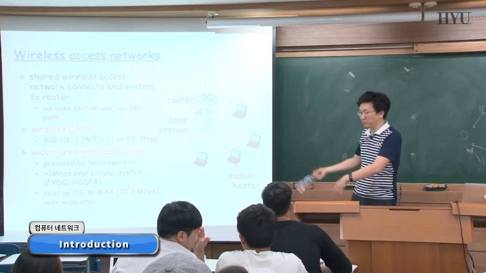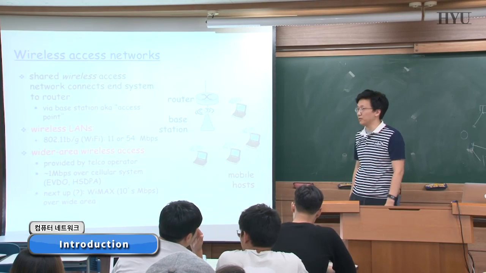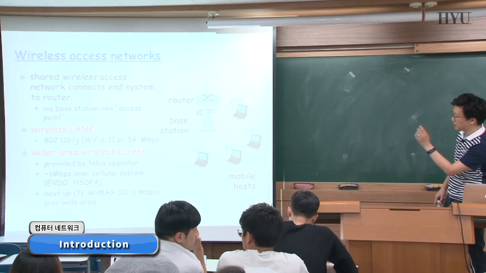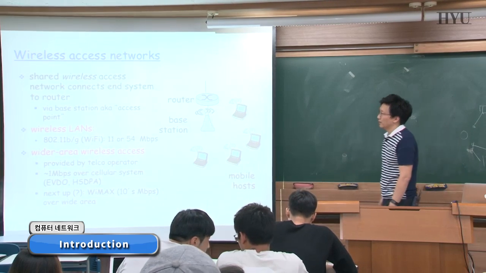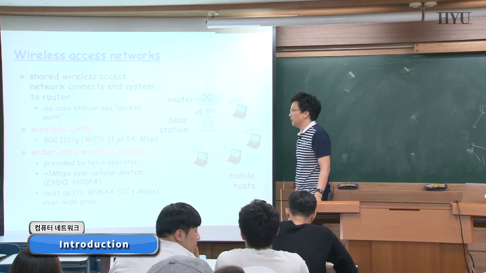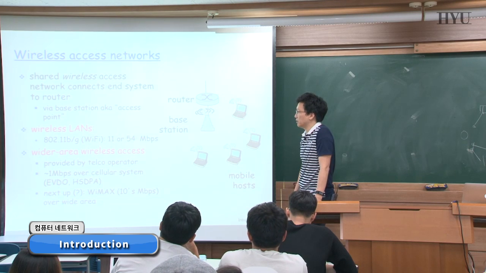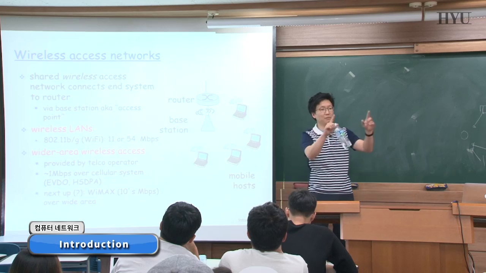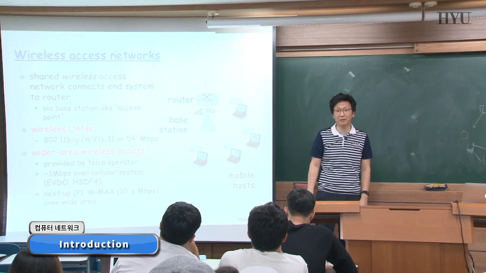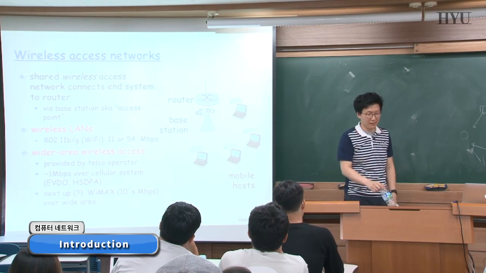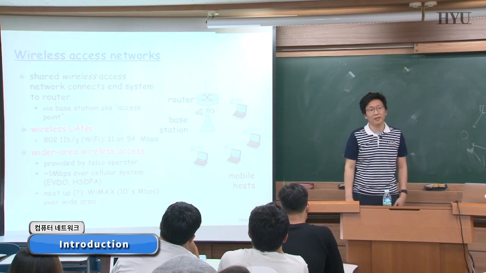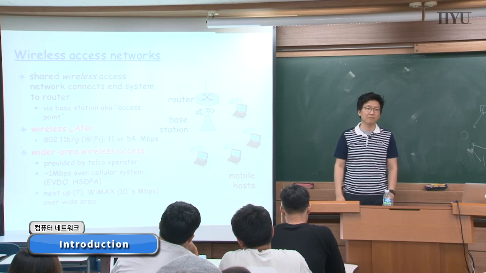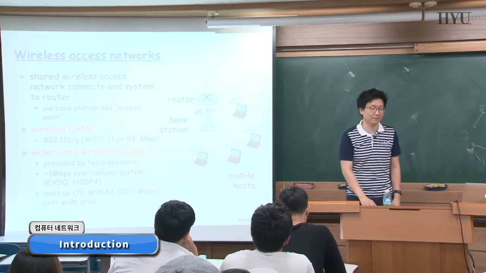I'm going really easy because you've probably heard these things already. A shared wireless access network connects to the end host. Wireless LANs, 802.11b/g, sometimes called Wi-Fi. What is that? 802.11. We see this on the boxes if you purchase sharing devices. It says our device supports 802.11 a, b, g, n, ac, like that.